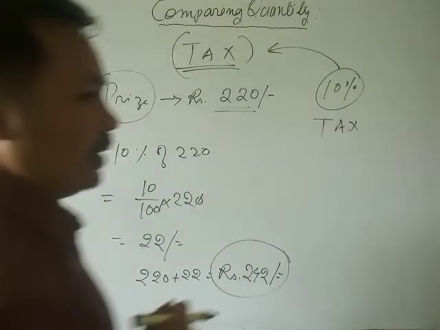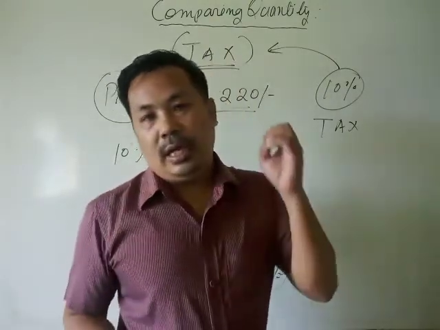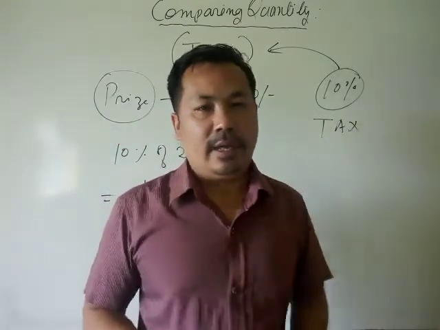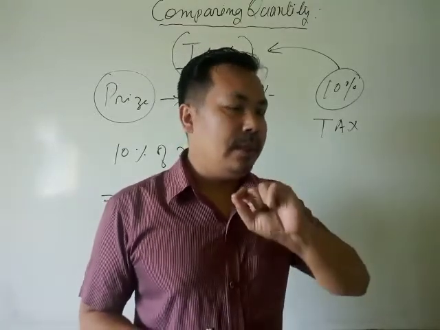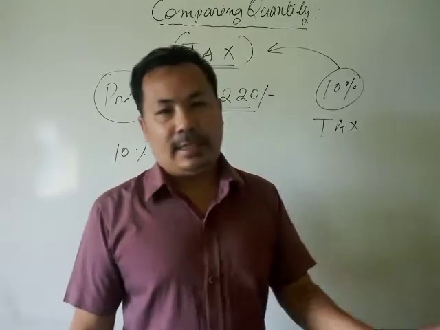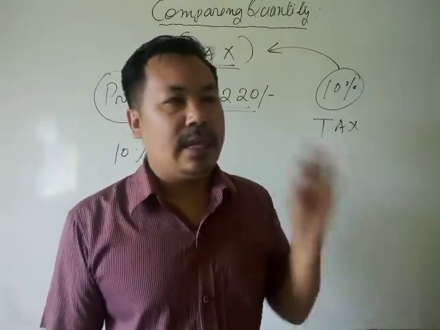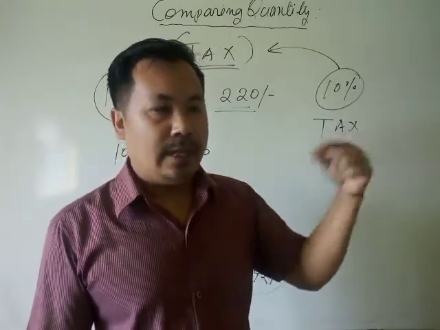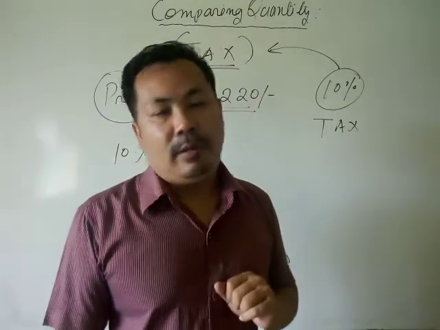And my dear student, in other cases you will find that the tax is already included in the MRP, the maximum retail price. If it is MRP, everything is included there, all taxes and charges. But if MRP is not written and only the price is given, then we have to add the tax to that price, find out how much to add, and the shopkeeper will ask you to pay that much.